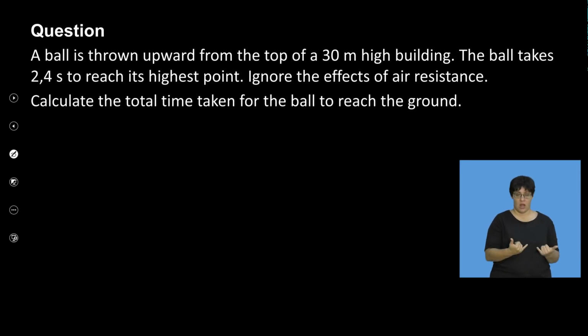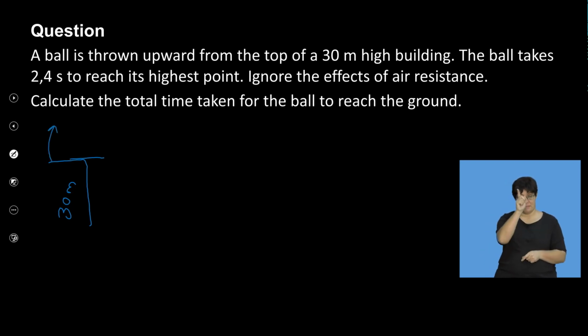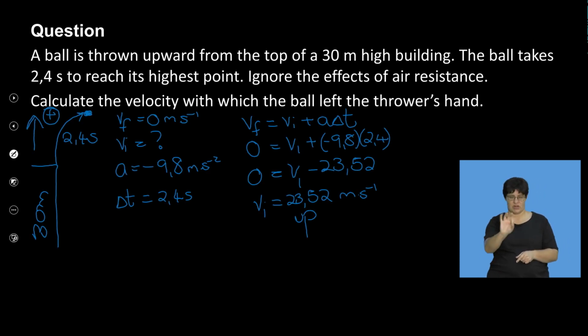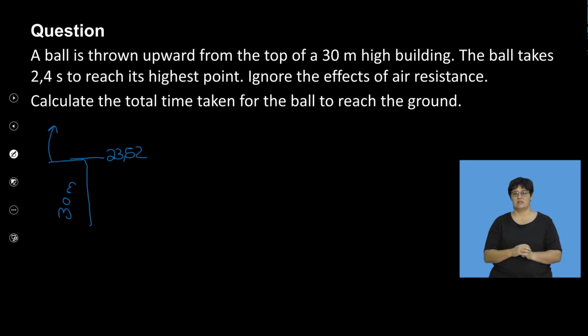Now they want the time it takes for the ball to reach the ground. So we remember we've got 30 meters here. We've just worked out that the ball's going up at 23,52, if I'm remembering correctly. And we know that it takes 2,4 seconds to get here. And now they want the total time.